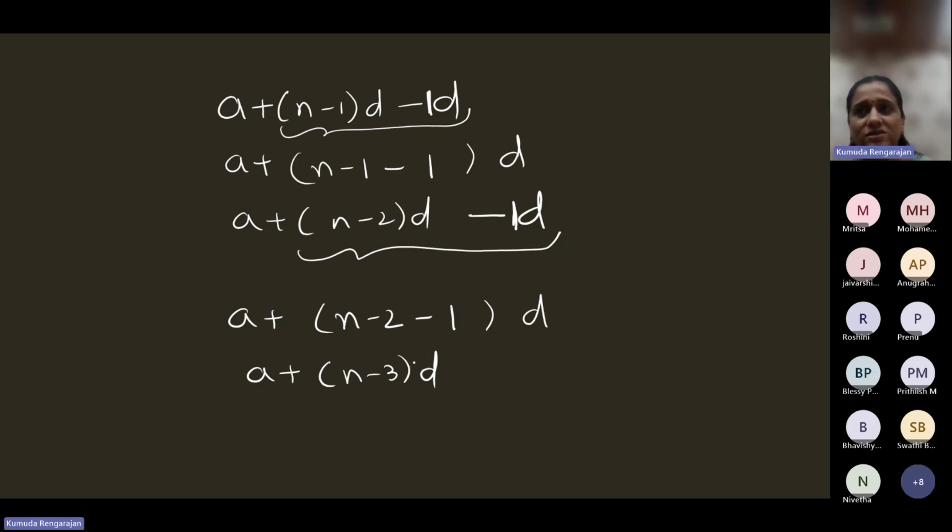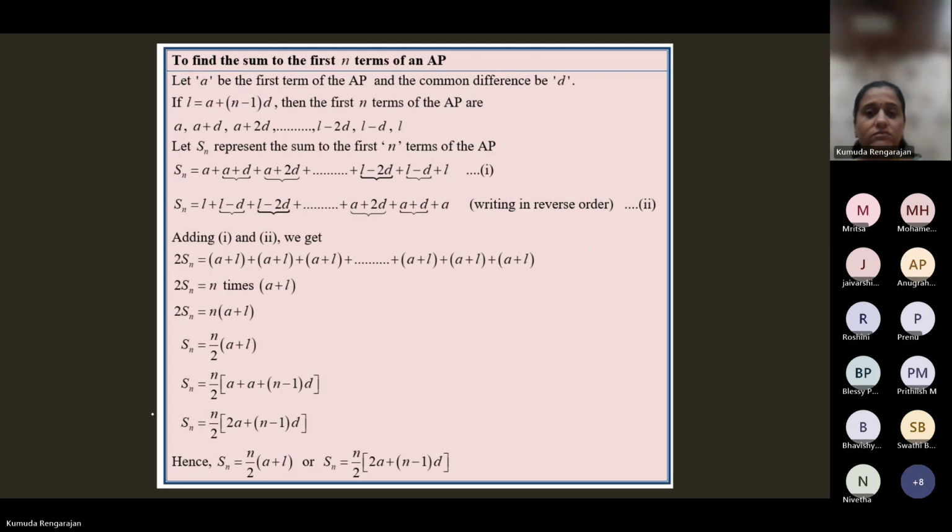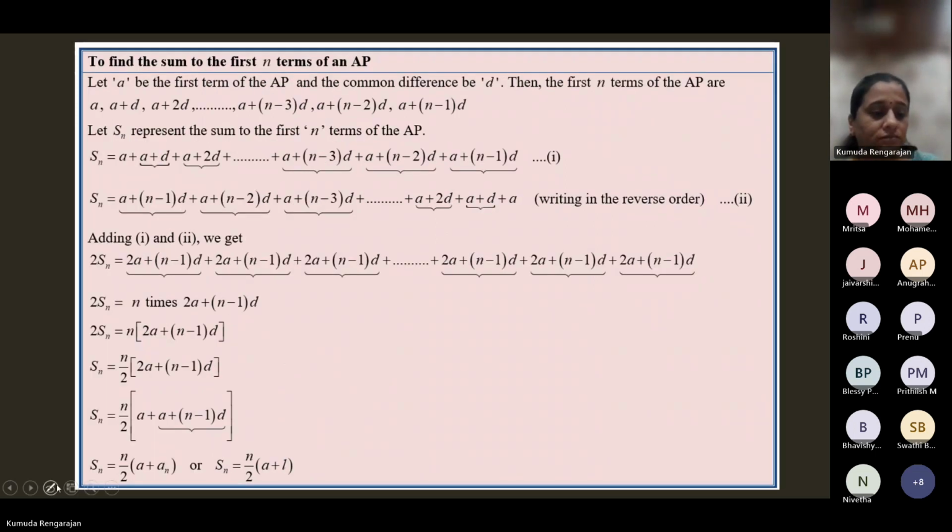If the nth term is the last term, then before that will be the n minus 1th term, before that the n minus 2th term, and before that the n minus 3th term. So that's how we get it. The nth term is a plus n minus 1 into d. Before that will be a plus n minus 2 into d, before that a plus n minus 3 into d, and before that a plus n minus 4 into d.